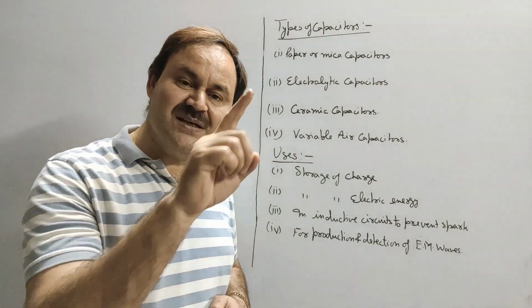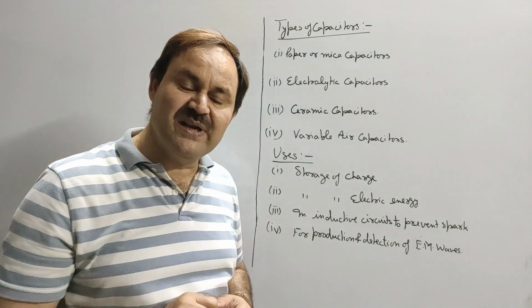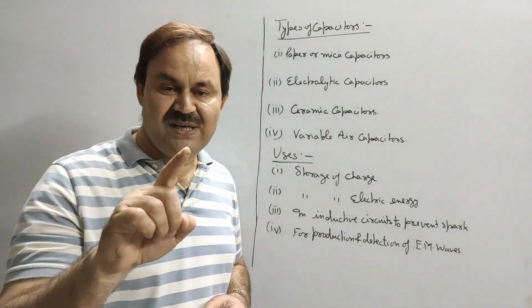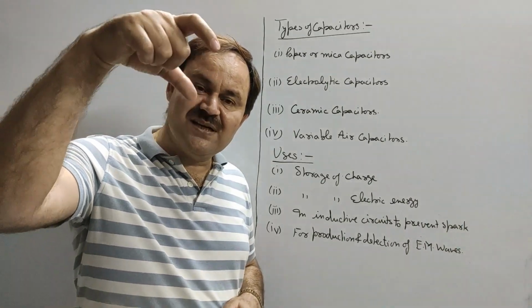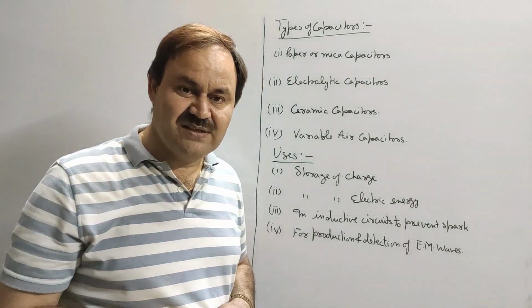That spark produced at the time of break of the circuit can be prevented by connecting a capacitor in parallel to the circuit.